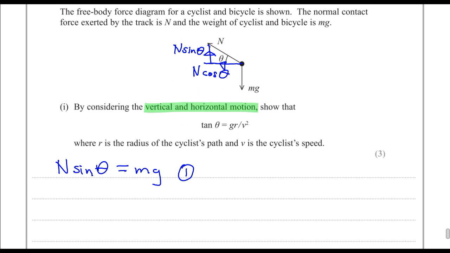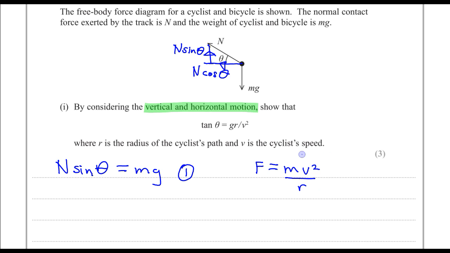We can then look at the horizontal direction. The force that we have is n cos theta, and we know that the cyclist is cornering, so it's following a circular path, which means we need to use the equation F equals mv squared over r.